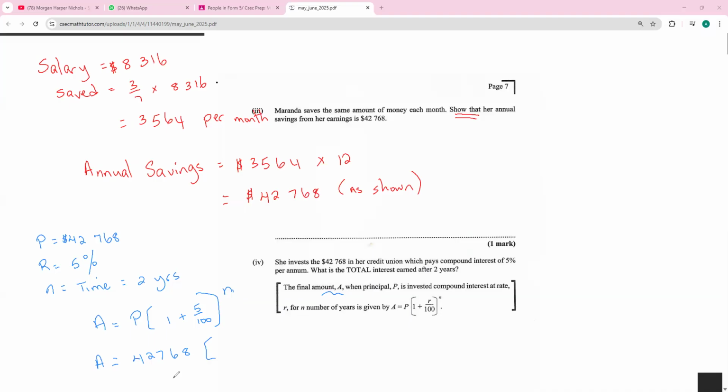Now, use a calculator if you want. Right, so we know that 5%, remember BODMAS, so we have to look what's in the bracket space. So 5% as a decimal is actually 0.05. So it'll be 1 plus 0.05, and 1 plus 0.05 would be 1.05 to the power of n, which is 2.